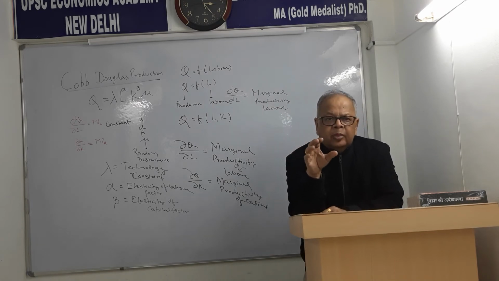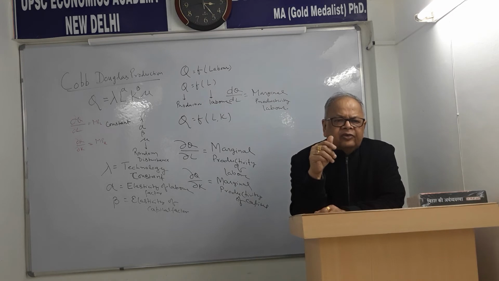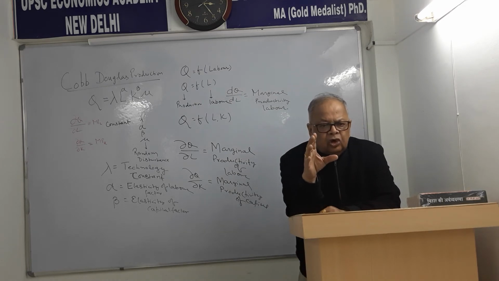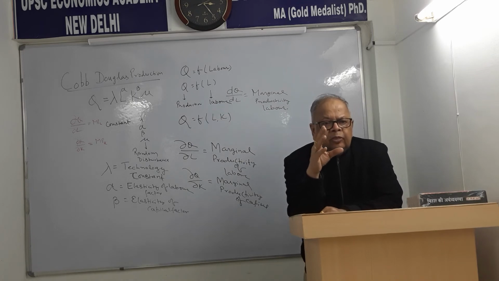This is a more scientific way of analyzing laws of returns. How? Economists like Stigler, Benham, Mrs. Joan Robinson, Paul Samuelson all agreed that production will enter into first stage under law of increasing returns.